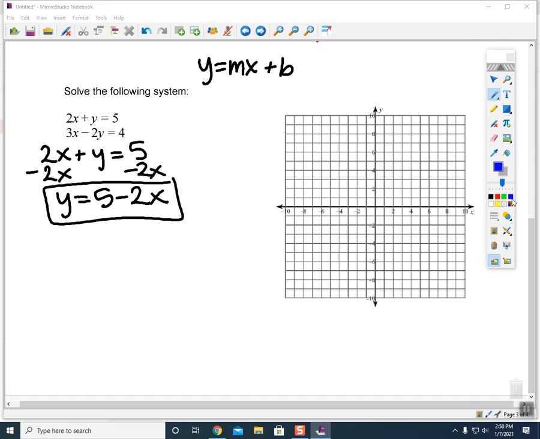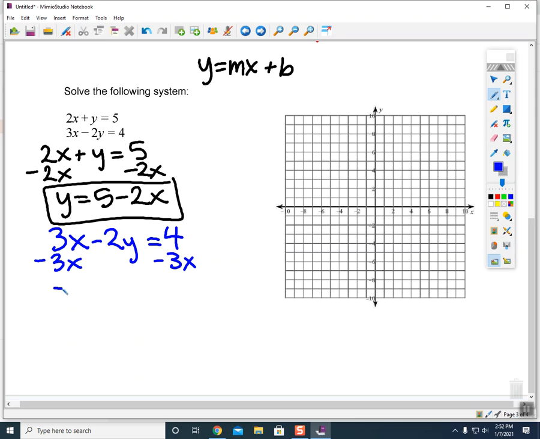My second equation is going to take a few more steps. So here I've got 3x minus 2y equals, nope, equals 4. Subtract 3x from both sides.